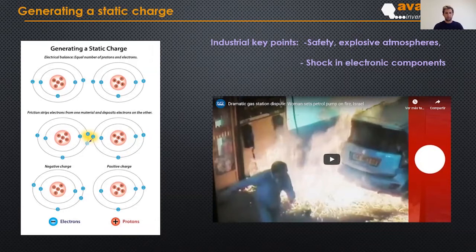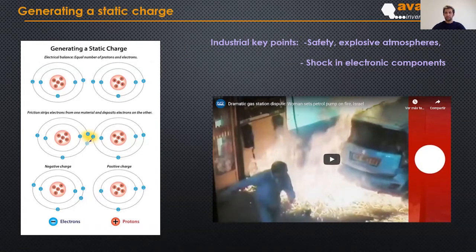When we put two materials in contact with friction, we are generating the process that builds up static charge in the material. The importance of this is crucial. In your standard life it is not so important, because if you take a discharge it is not good, but it is not very dangerous.